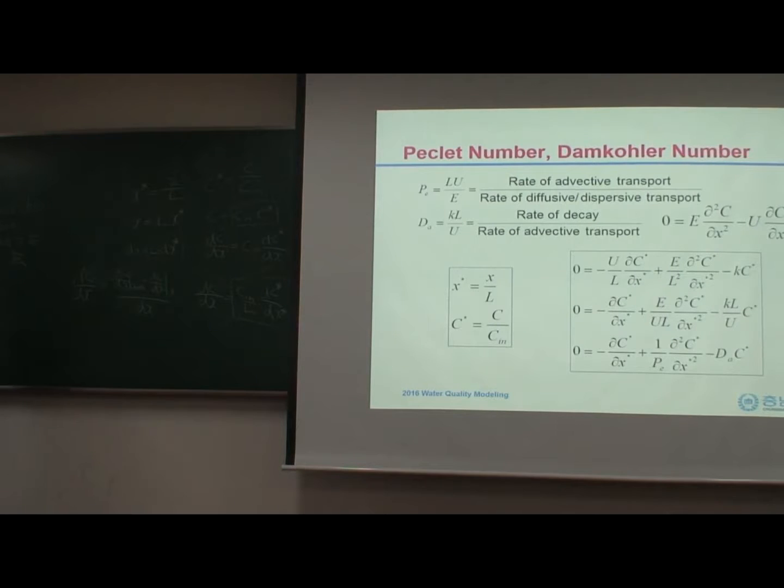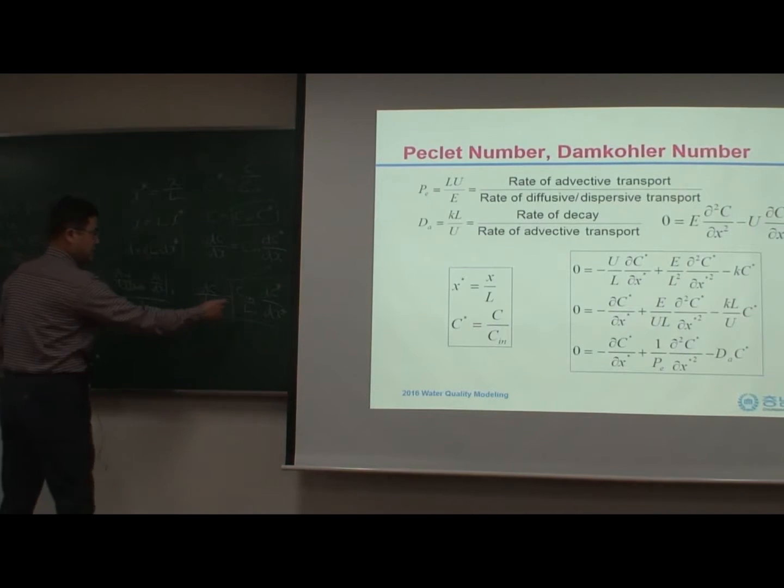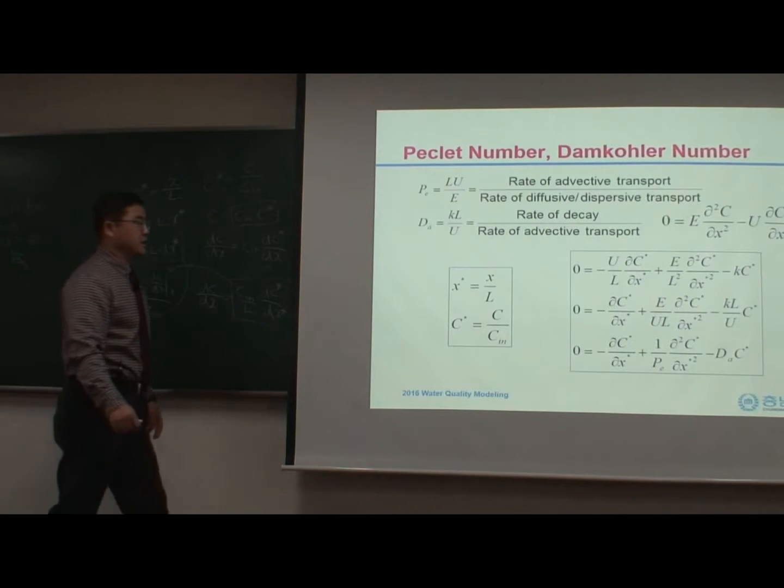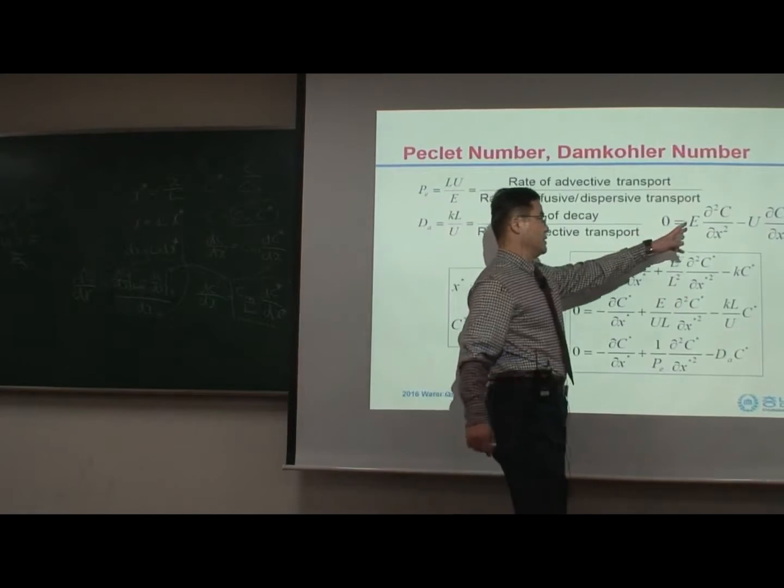Okay? And we now know we can replace this one right there and right there. And then we can replace this one right there. Okay? So it's very easy to replace this one as well.